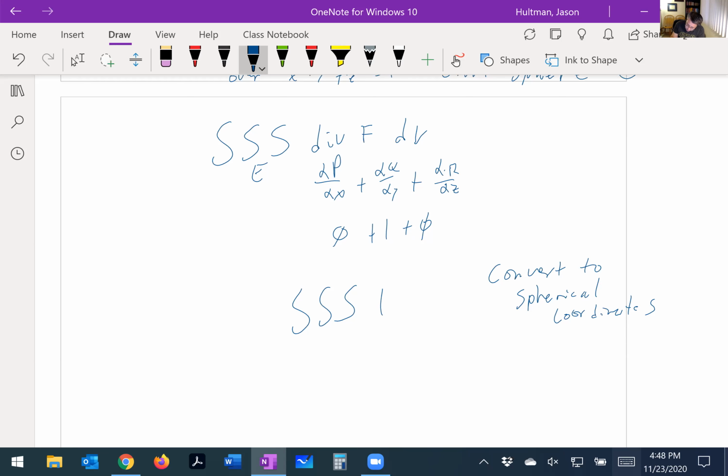So I just need 1 times rho squared sine phi, d rho, d phi, d theta. So what does rho go from? Well, rho goes from 0 to 1. Phi goes from 0 to pi, and then theta from 0 to 2 pi.